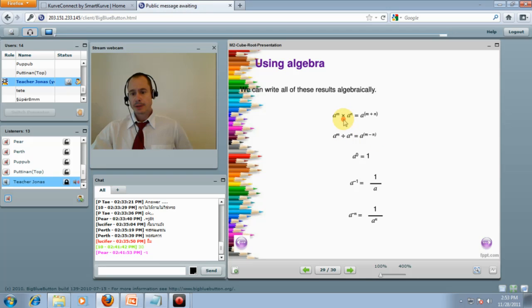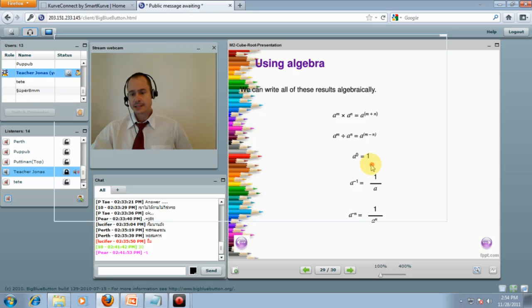When you multiply, you add the indices. And in the same way, when you divide the same base, you take the first index minus the second index, like they show here.